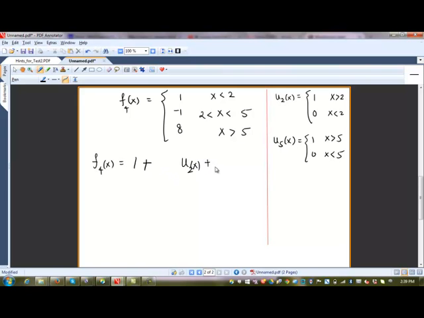What should I multiply here? And that's my target now. What should I multiply right here? When x is bigger than 2 but less than 5, that is my U5 off situation.